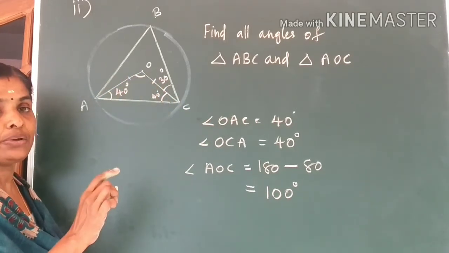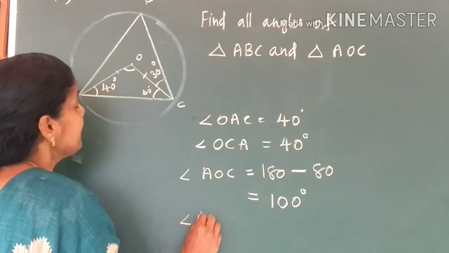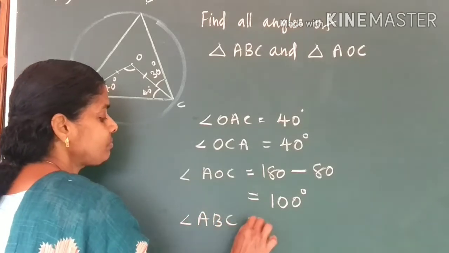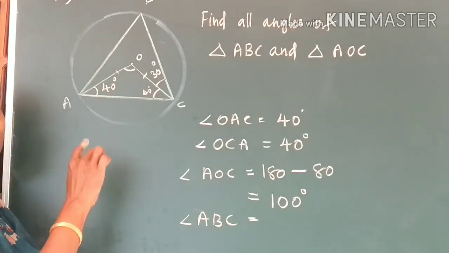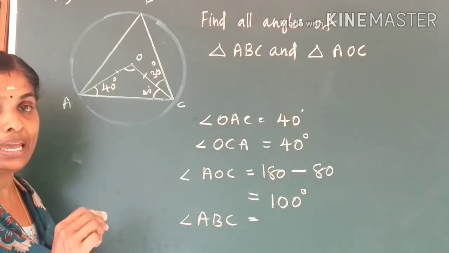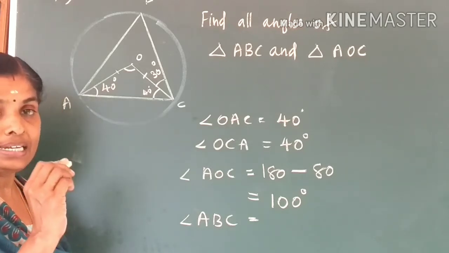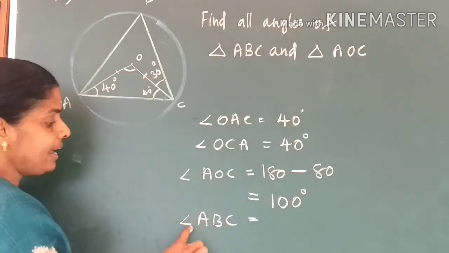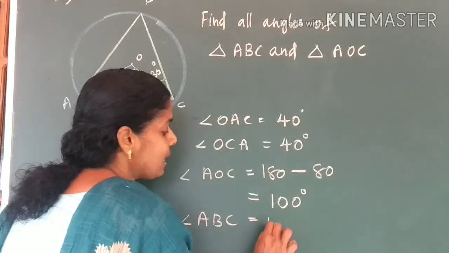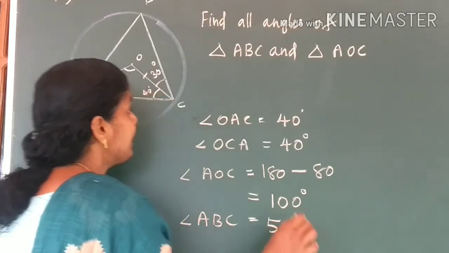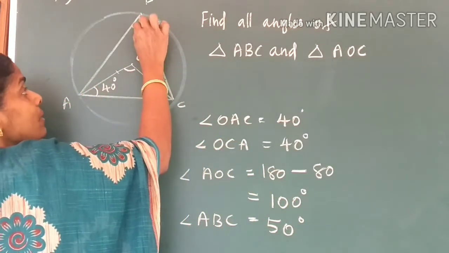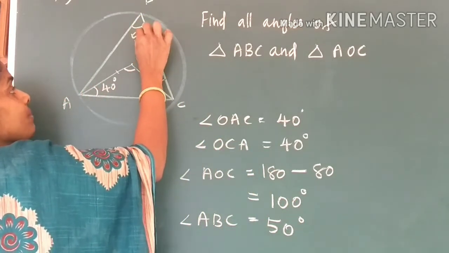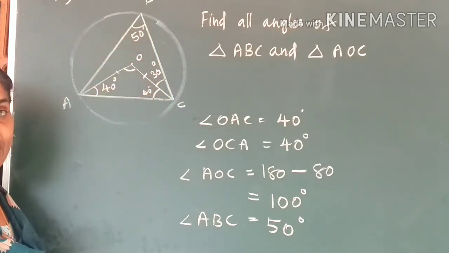Now what can you say about angle ABC? We know angle ABC will be half the central angle of AOC. So you can say angle ABC is equal to 50 degree. So I can mark 50 degree over here. This angle is 50 degree.